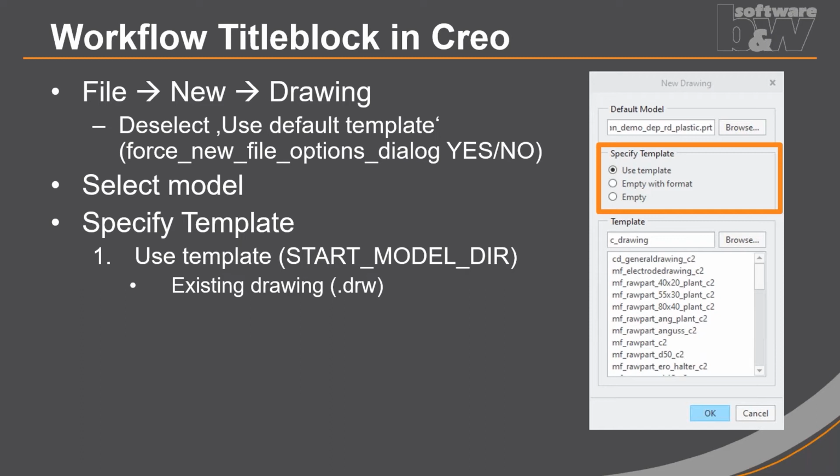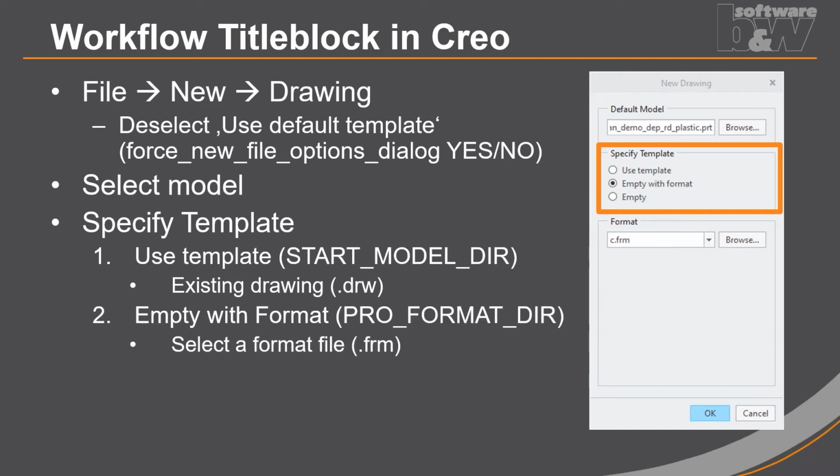It can include the format itself, tables, view templates, and anything else that you can imagine. This is controlled by the config option start_model_dir and gets you the content of this directory as a list where you can choose from.